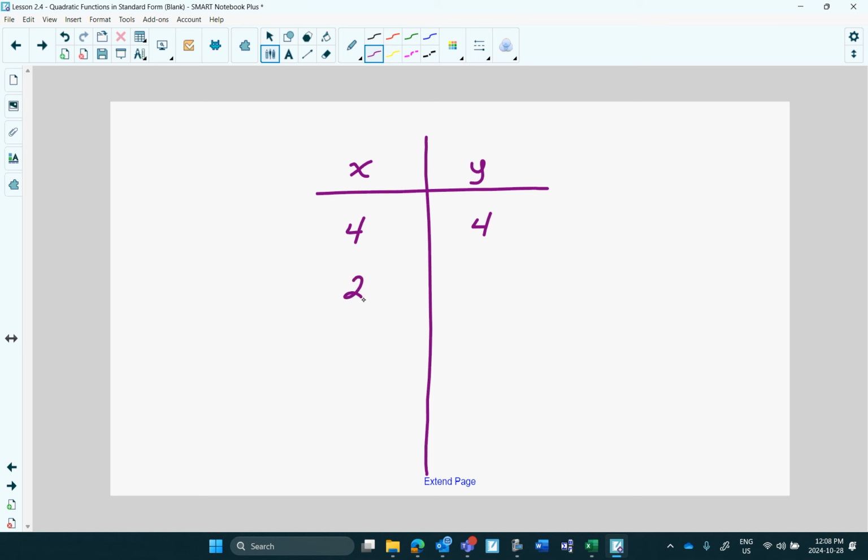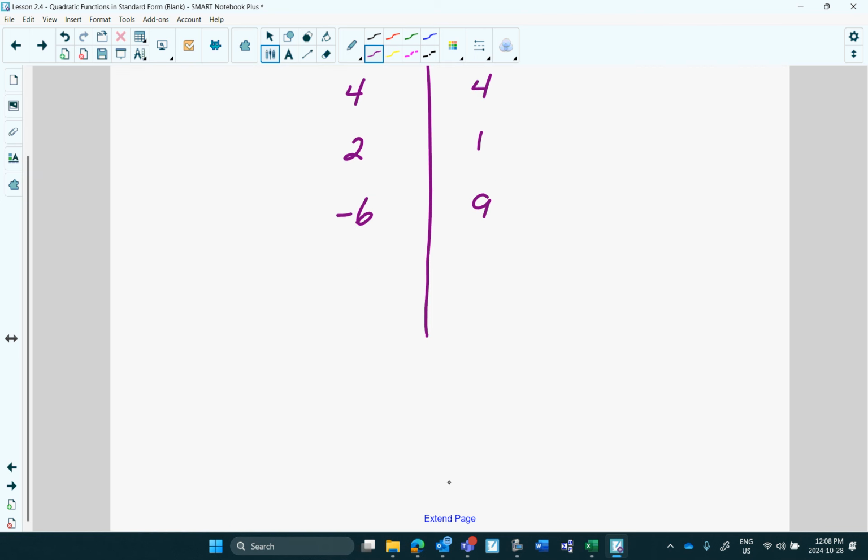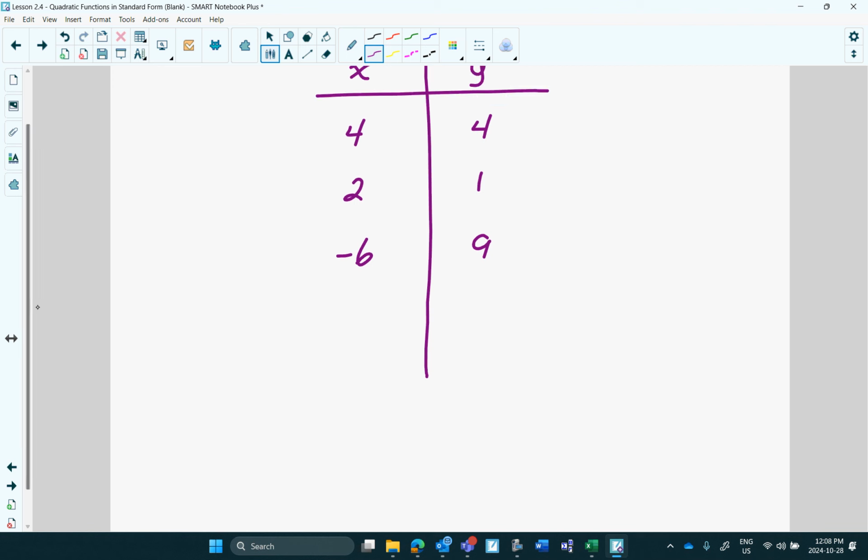If X is 2, Y is 1. If X is negative 6, Y is 9. If X is negative 20, Y is 100.